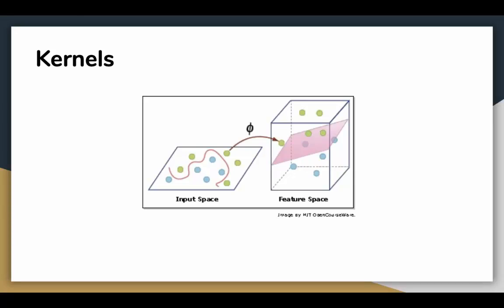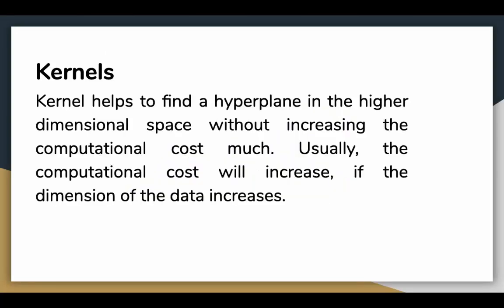But after projecting the data into higher dimension, we were able to classify the data using a hyperplane. Hence, kernel helps to find a hyperplane in the higher dimension space without increasing the computational cost much. Usually, the computational cost will increase if the dimension of the data increases. The mathematics behind how kernels work is out of scope for this video.